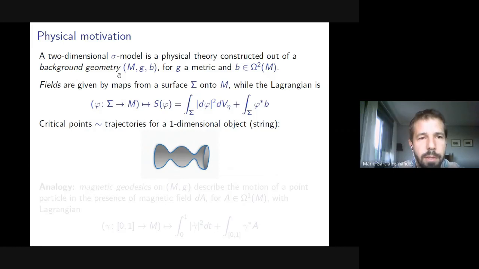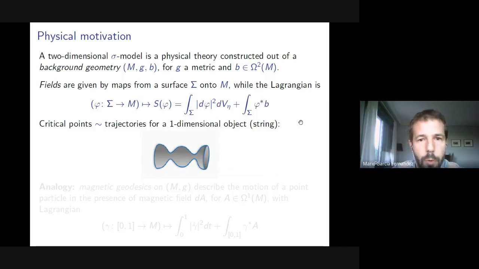Fields in this theory are given by maps from a surface into the manifold. The Lagrangian for this theory has two bits. It sends one of these maps from sigma to M to the following quantity: the L2 norm of the differential of the map plus the integral over the surface of the pullback of the B field.